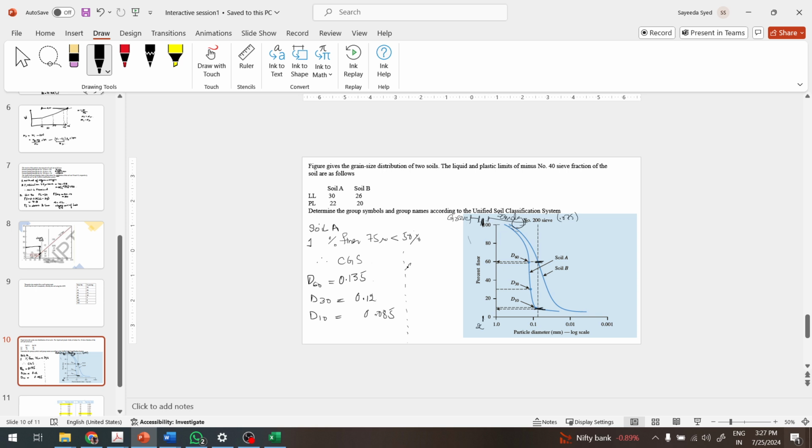For soil A, Cu equals 1.59 and Cc equals 1.25. Cc is greater than 1, but Cu is less than 6. So it is a poorly graded soil.